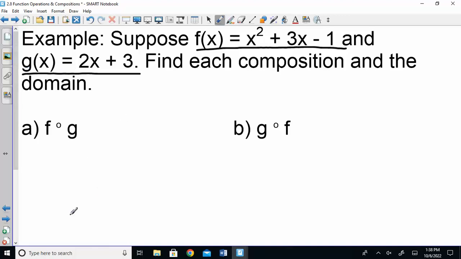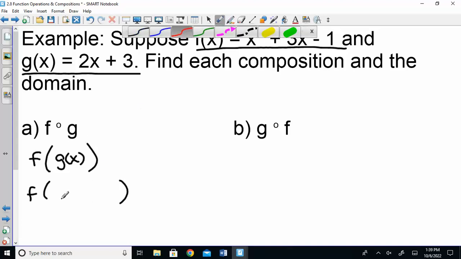Here's f of x and g of x. If I ask you to find the composition and the domain. So for A, this is f of g of x. So you start on the inside.